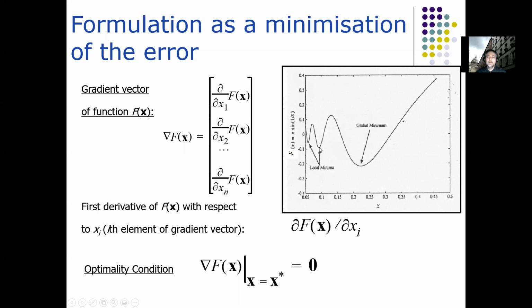At a local minimum, the derivative is also 0, but the error is higher. The value of the function is higher than the value at the point of the global minimizer. In neural networks, there has been a lot of discussion about how we can avoid local minima, and there have been different approaches for avoiding them.